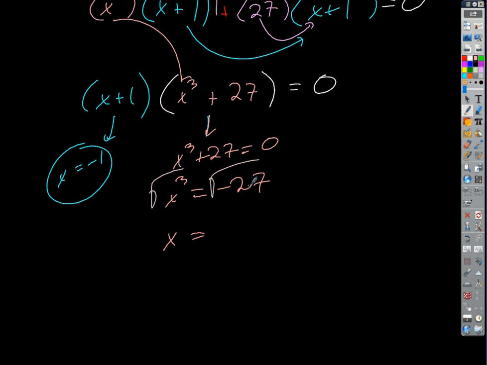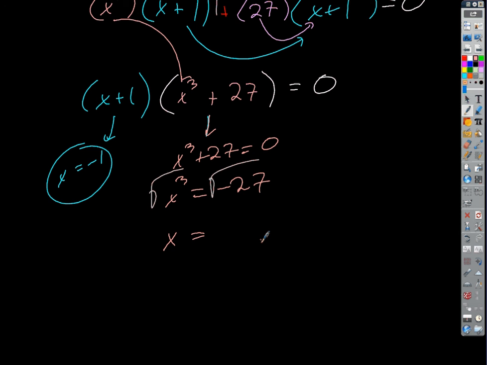Vincent, what's the cube root of negative 27? What times itself is negative 27? No, if we're taking a cube root, we're never going to get i's, and I'm glad you brought that up, because i is the square root of negative 1. What's the cube root of negative 1?